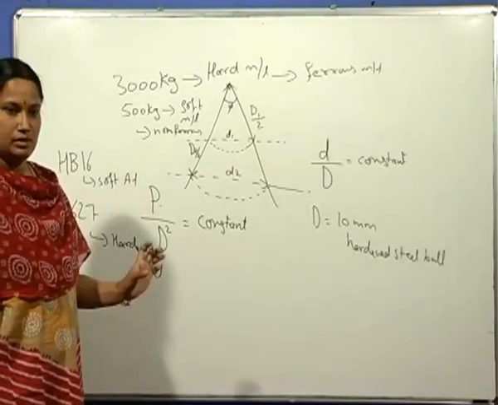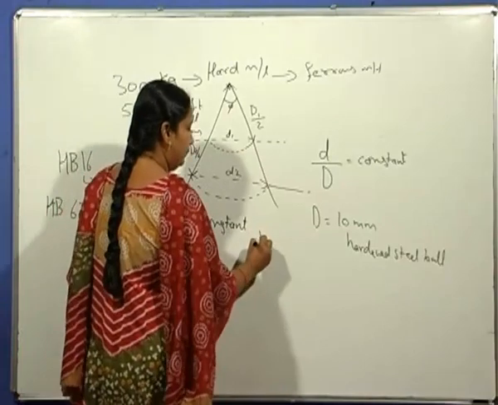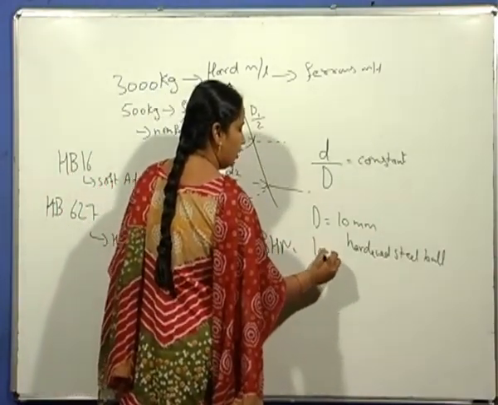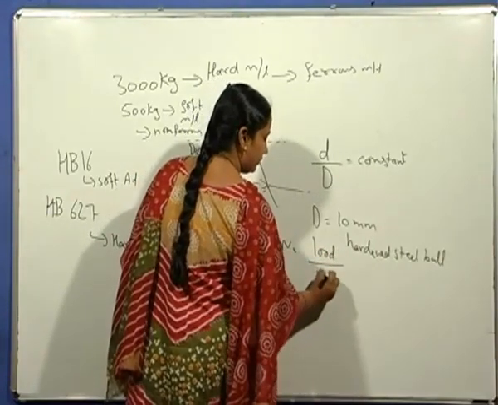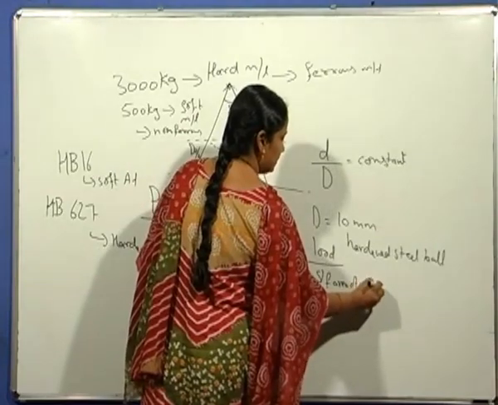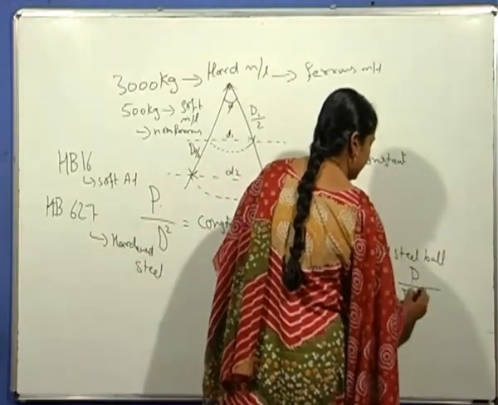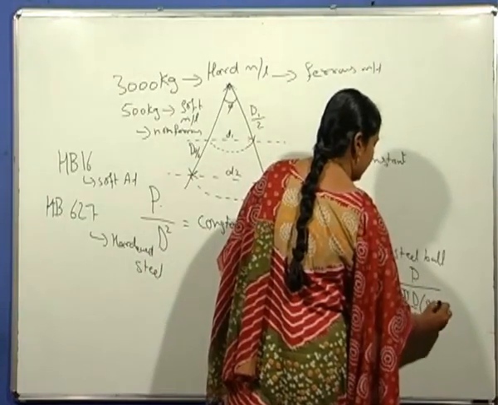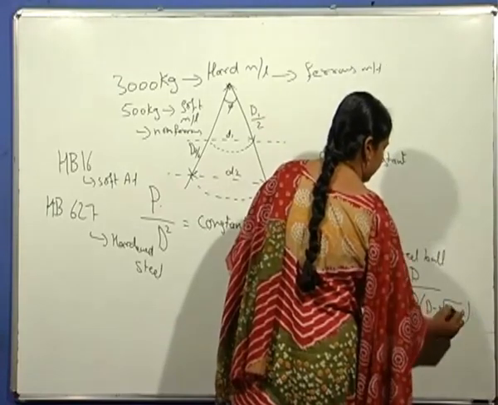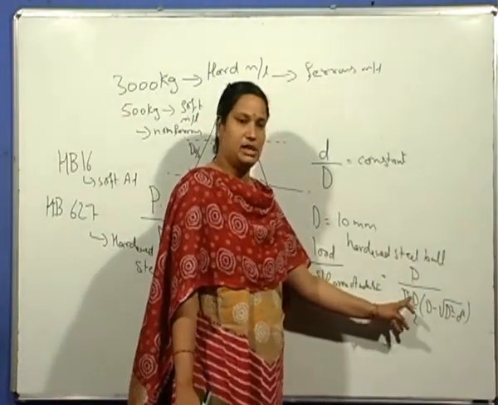So the formula and the derivation that was explained earlier, where Brinell hardness number is load divided by surface area of indentation. Surface area of indentation is given by the formula: P divided by pi D by 2 into D minus square root of D square minus d square, with capital D and small d. So the load is known, diameter of indenter capital D is known.